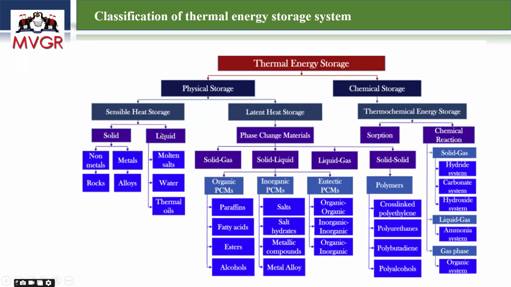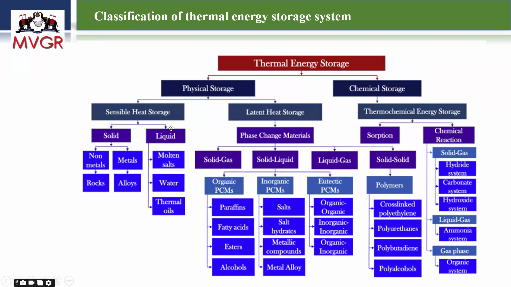Solid means we take only solid particles like sand, concrete, or any metals or alloys. It has only a single phase, so whatever heat we give, the phase cannot change, only the temperature varies. That is a sensible heat storage system.